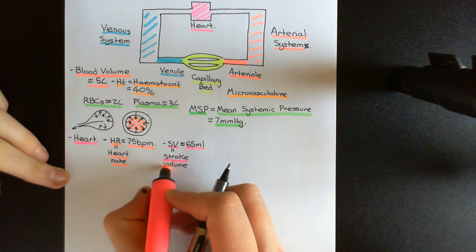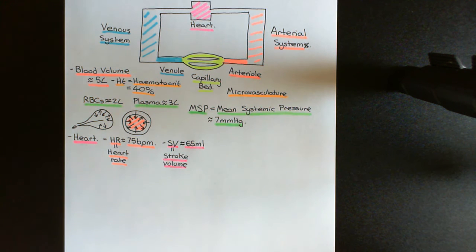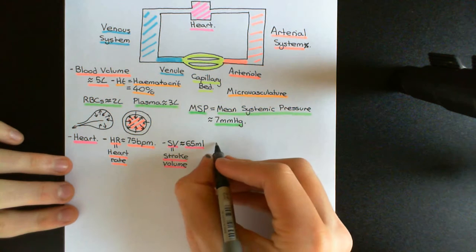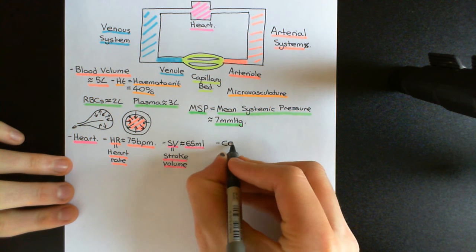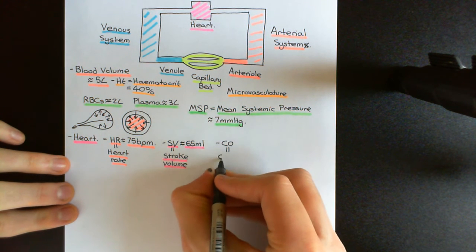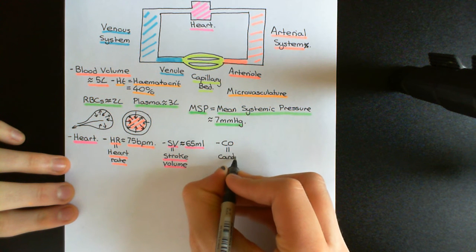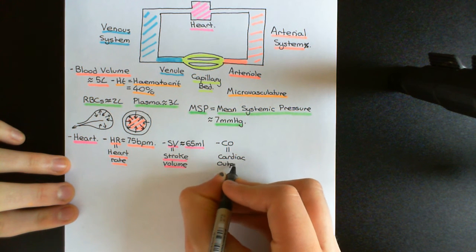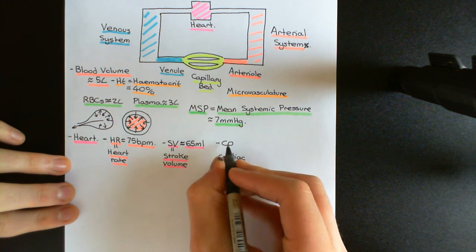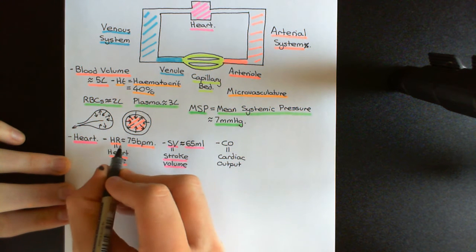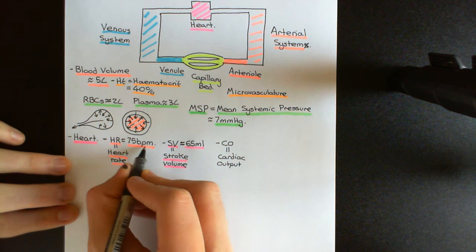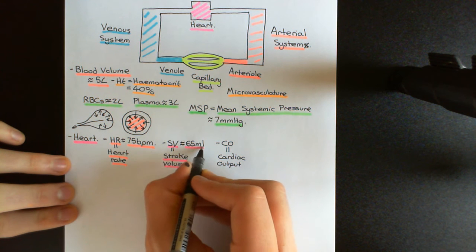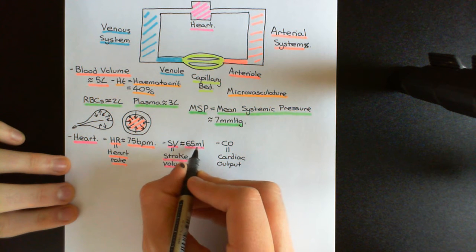Okay, 65 milliliters. Then we might as well introduce another concept relating to the heart, which is the cardiac output, often abbreviated to CO. Cardiac output is just the amount of blood that the heart moves from the venous system to the arterial system in a minute, and clearly the cardiac output will just be the stroke volume times the heart rate, because this is how many times it beats a minute, and this is how much blood it moves with each beat.